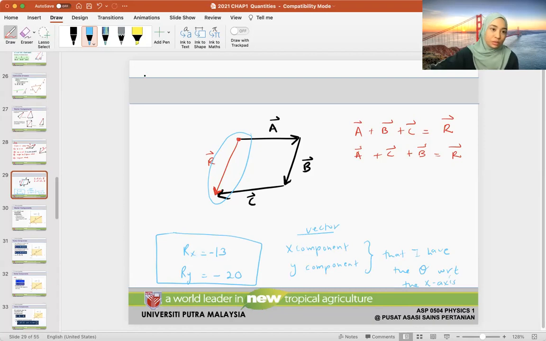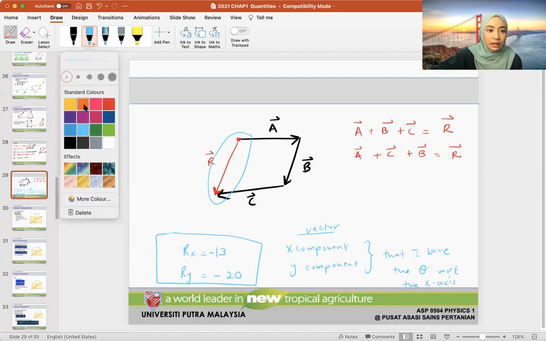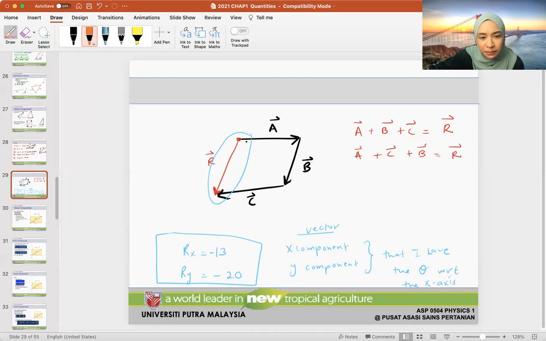Assuming that we know it, let me draw the angle really quickly. With respect to the x-axis, my angle is over here. This is supposed to be a straight line that overlaps with the x-axis.